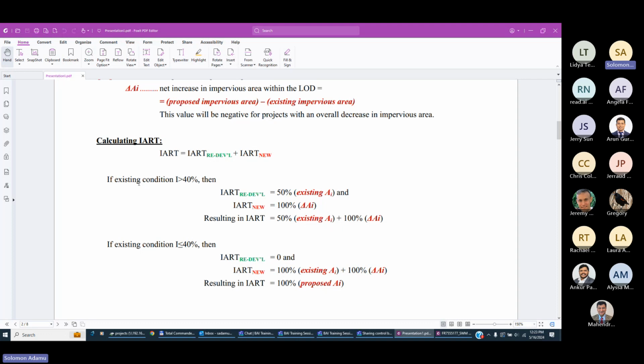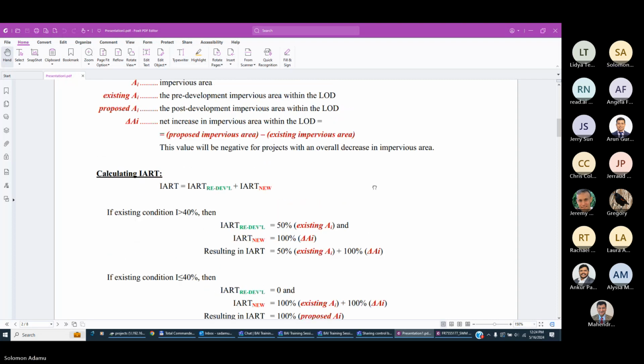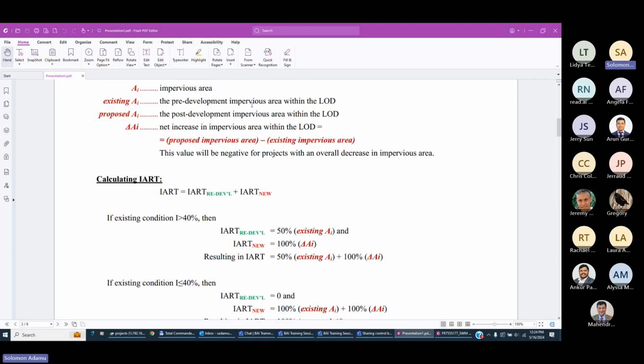As we said, if in existing condition percent impervious area is greater than 40%, which means redevelopment, then the IART from redevelopment will be 50% of existing AI, plus 100% of any increase.